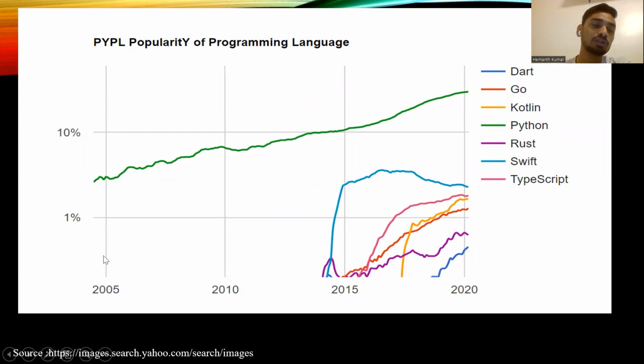In 2005, Python was not that popular, and its popularity increased from 2005 to 2010, and gradually from 2005 to 2020 it increased by 10%, which is a drastic increase.